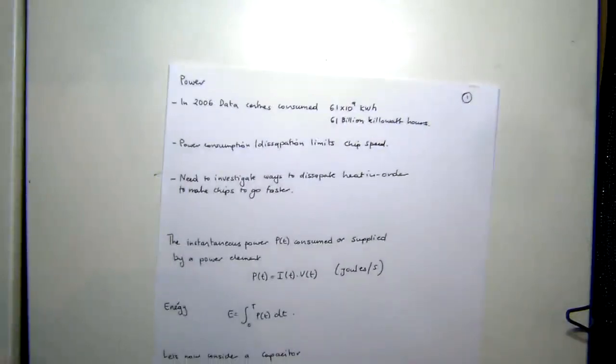Now, the thing that we're going to talk about today is power. All right? I'll give you a little bit of background, and then we'll have a little bit of discussion before going into the rest of the slides.